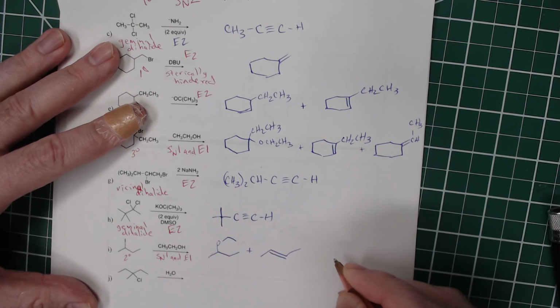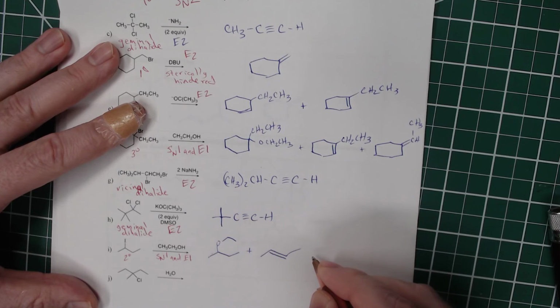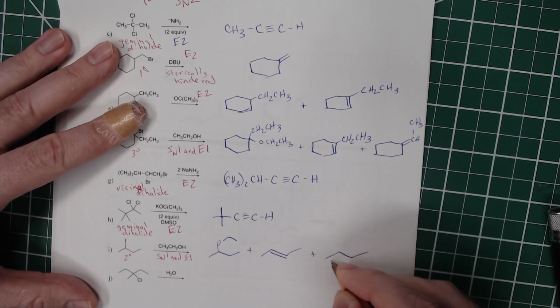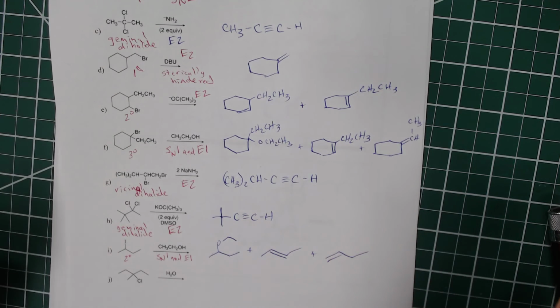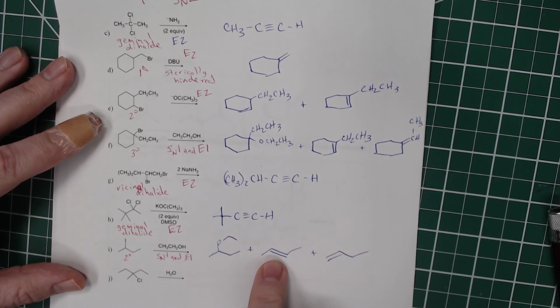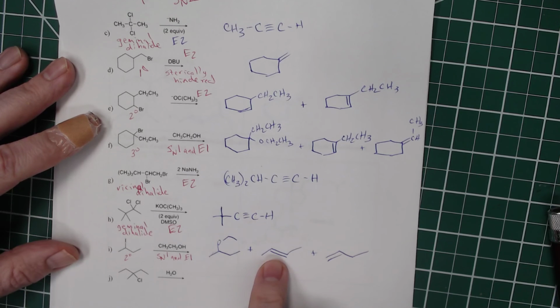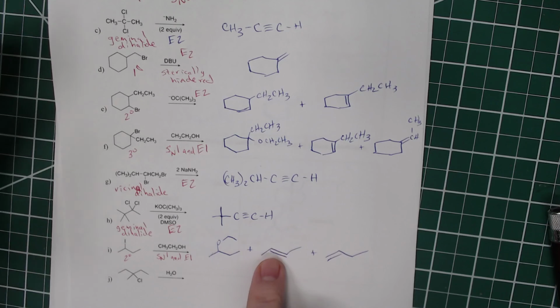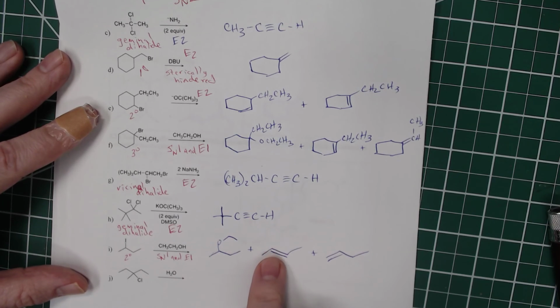So we would get that di-substituted alkene and a mono-substituted alkene. On top of that, we would probably get some of the cis-2-butene in addition to the trans-2-butene. So this one's a hot mess. There's a lot of stuff going on there.